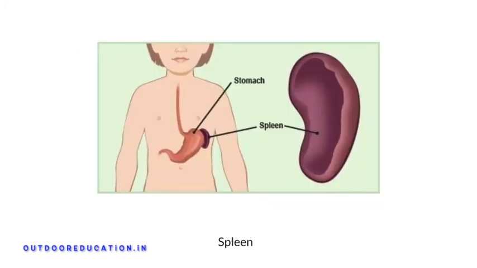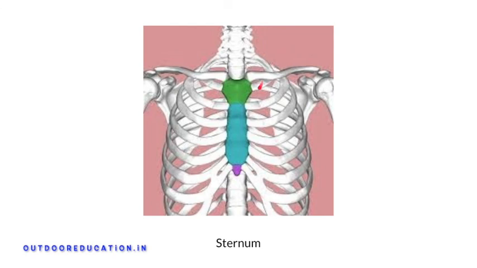Spleen. It's an organ located in the left upper quadrant of the abdomen that acts as a blood filtration system and a reservoir for reserves of blood. Sternum, this is the breastbone, where those who have gone through CPR training press while giving compressions during CPR.